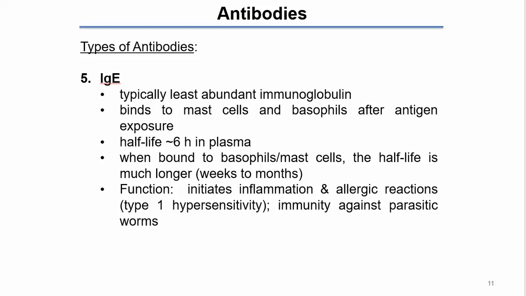Now, this gives us some protection, but it also means that if it goes wrong, we can end up with allergic reactions. This type 1 hypersensitivity that we'll talk about in a few minutes can happen because of these IgEs. So if antibodies are made to, say, a bee sting or pollen, something that is normally innocuous, they will cause inflammation because of this IgE bound to a basophil.